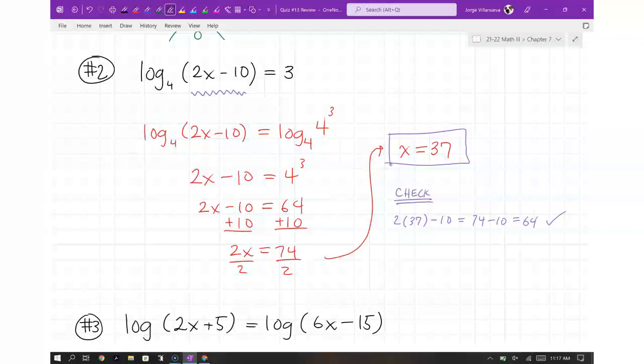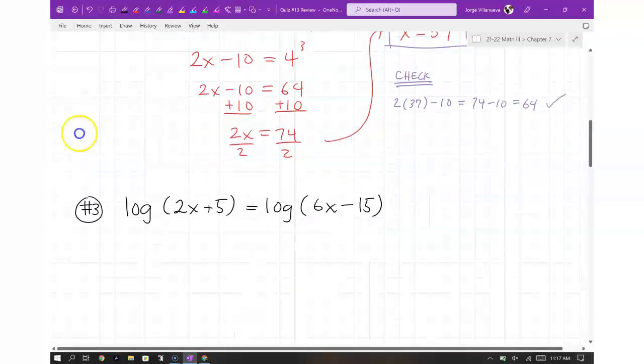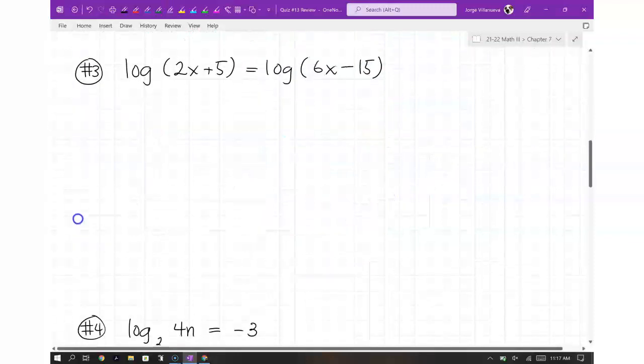Are we okay so far with questions 1 and 2? All right, question 3 is a little bit easier. Notice we have logs on both sides this time, and they're both the same logs. That's good. But we do have expressions on the inside, but that's not a big deal.